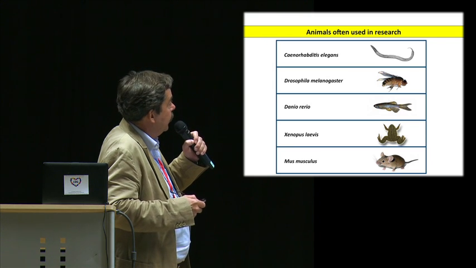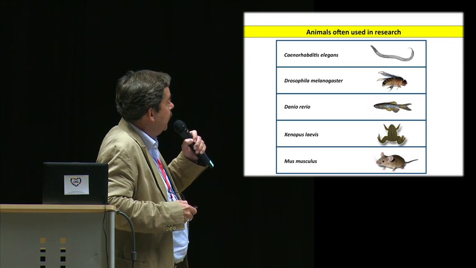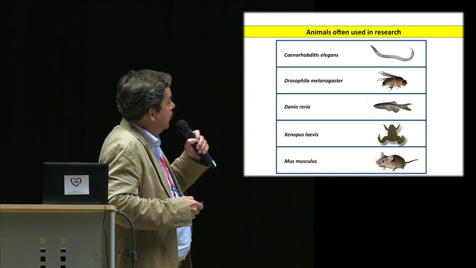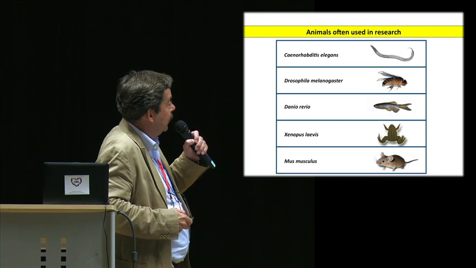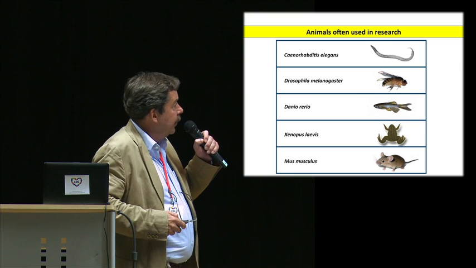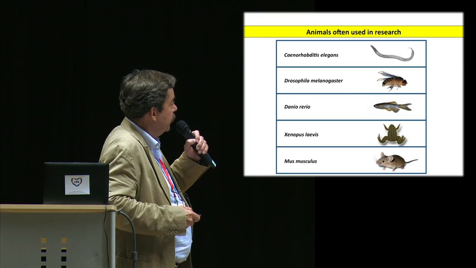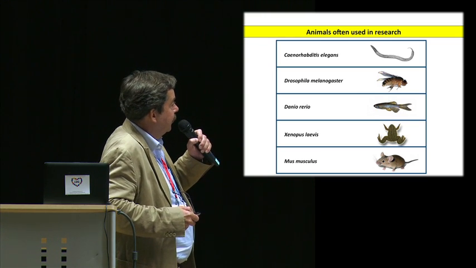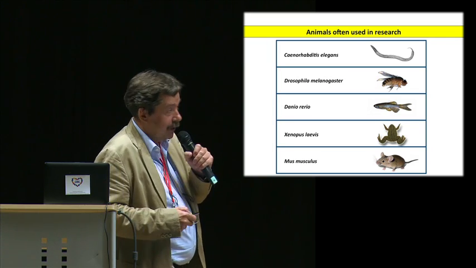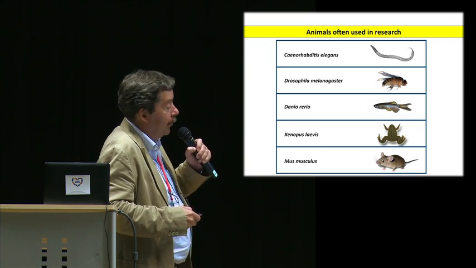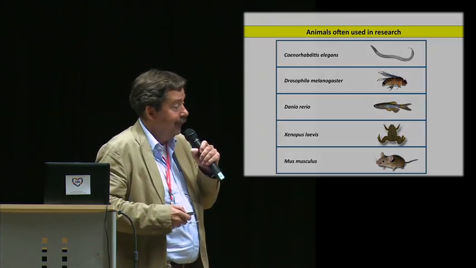It starts with worms like Caenorhabditis, flies, zebrafishes, frogs, and mice. Most of our work in the last 15 years was bound to mice, and we are just starting, and this is not published, so this is pretty interesting, we just started with a frog model for CDG-1A.